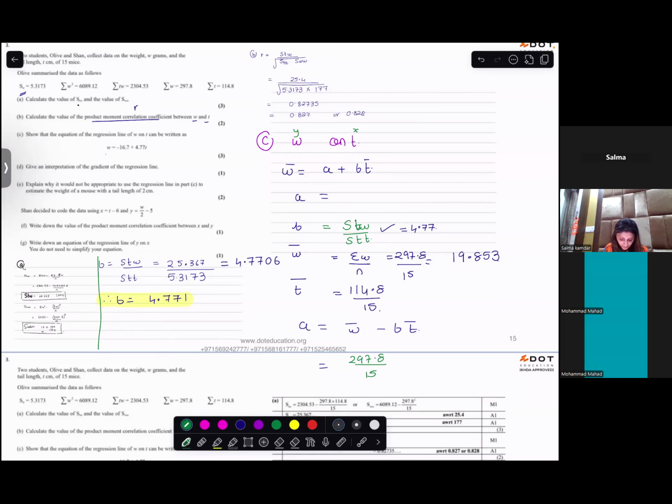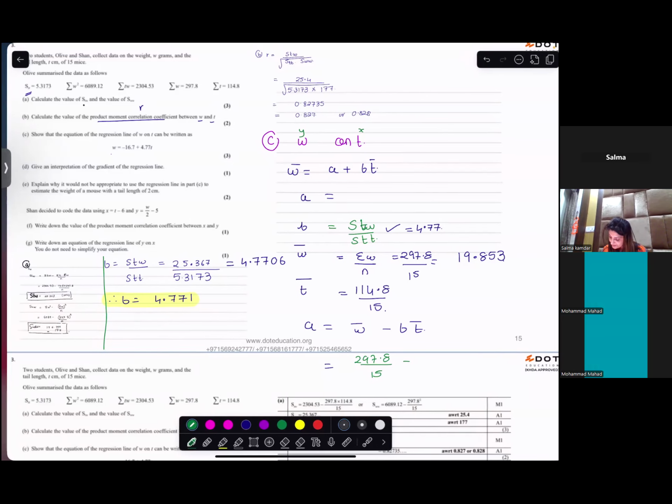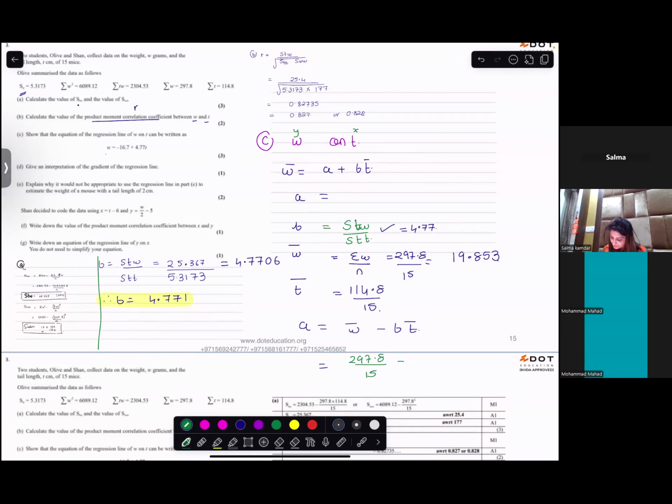Minus what is my B? Since I'm putting everything in fraction, I will put B also in fraction. Is that fine for you?